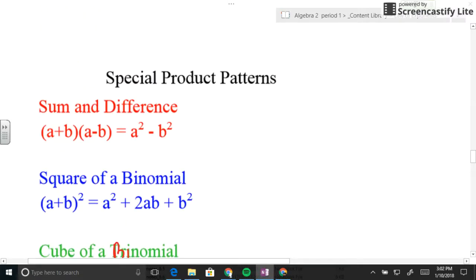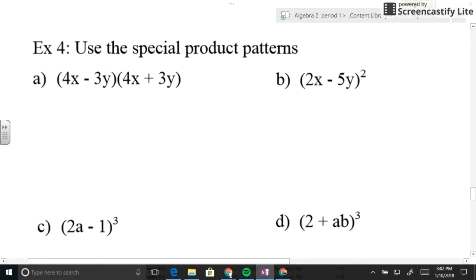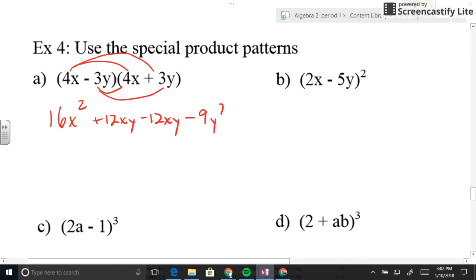So the answer should be a squared minus b squared, basically. When I look at this, if I were to FOIL or distribute 4x times 4x, I would get 16x squared. 4x times 3y is plus 12xy. Negative 3y times 4x is negative 12xy. And negative 3y times 3y is negative 9y squared.